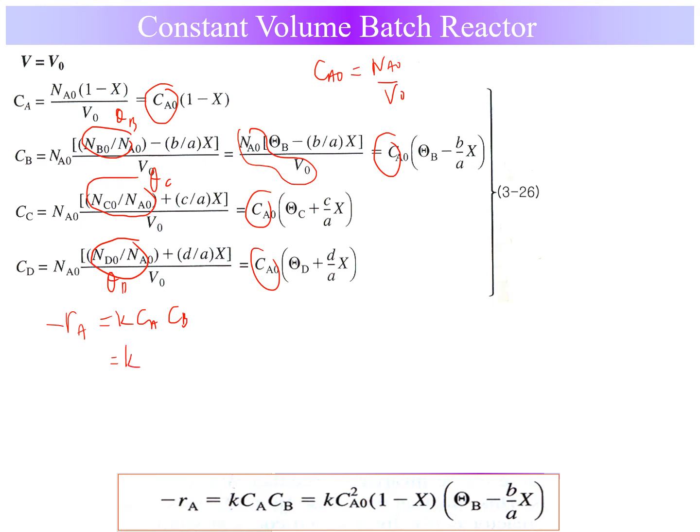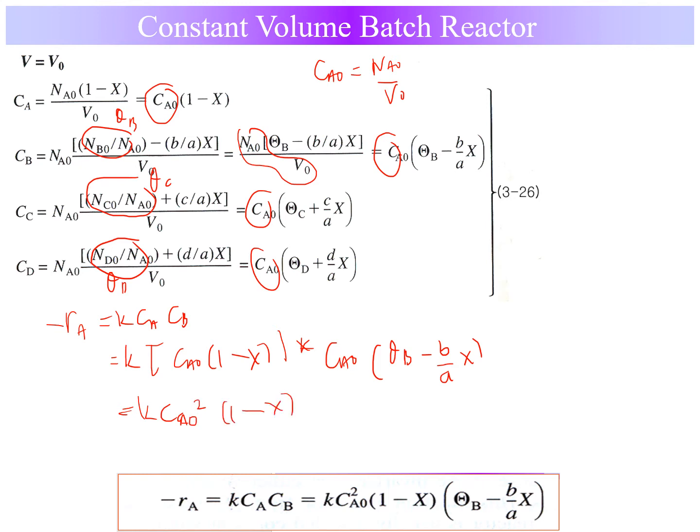CA is CA naught times 1 minus X, and then we multiply it with CB, which is CA naught times theta B minus B over A X. We can make this CA naught squared times 1 minus X times theta B minus B over A X. Hopefully this clears you up.